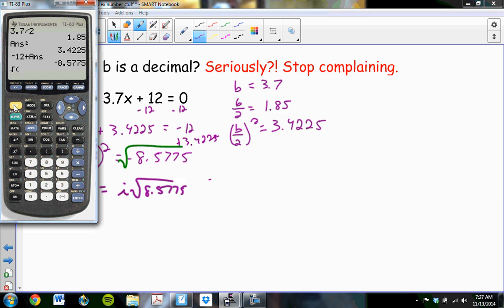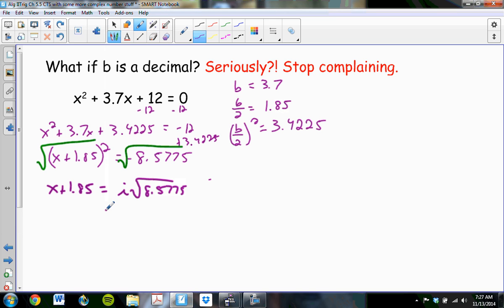The opposite of this answer is going to be positive 8.5775. I get 2.93, which I'll call it 2.93. So subtract 1.85 from both sides, and I get negative 1.85 plus or minus 2.93.